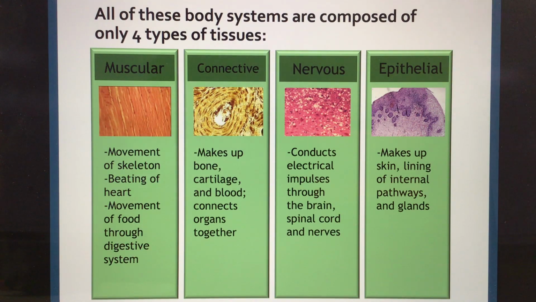Muscular, connective, nervous, and epithelial tissues. Remember, tissues are a system of cells together, right? Everybody good on the tissues?